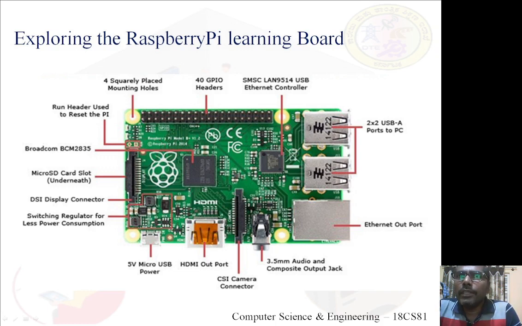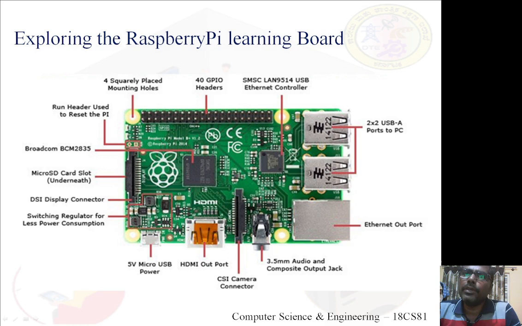And you can see the label HDMI output, means through this HDMI output I am connecting a display, that is a monitor, to the Raspberry Pi computer. Got it?